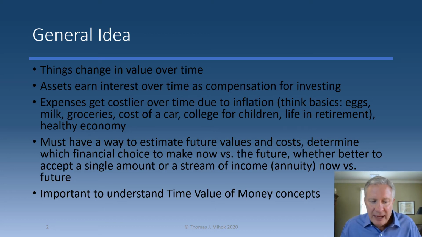You must have a way to estimate the future values and costs, and determine which financial choice to make now versus the future, whether it's better to accept a single amount or a stream of income. A stream of equal payments is called an annuity, whether you receive it now versus the future. So it's really important to understand these time value of money concepts.